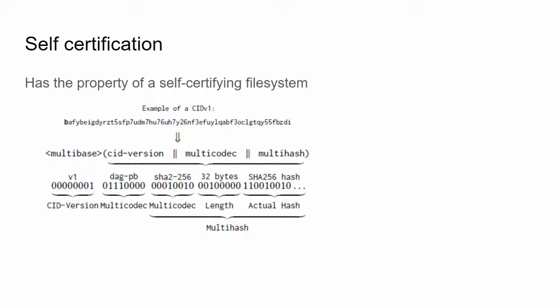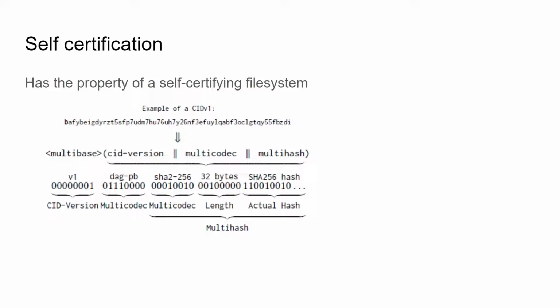The third concept is self-certification. IPFS has the property of a self-certifying file system. What this means is that in practice, each piece of data is assigned a unique immutable address. This is called the content identifier, or CID. This is generated by taking a hash of the contents of the data.